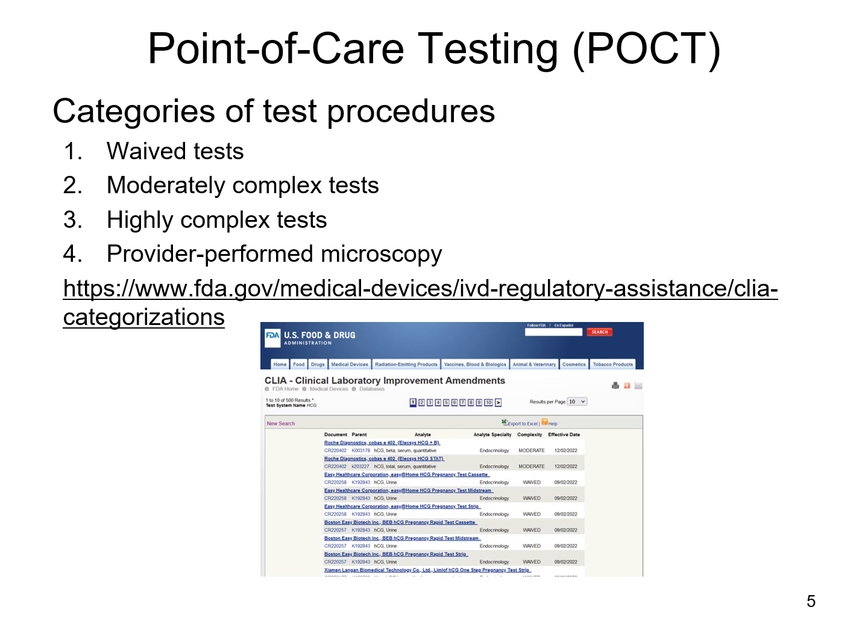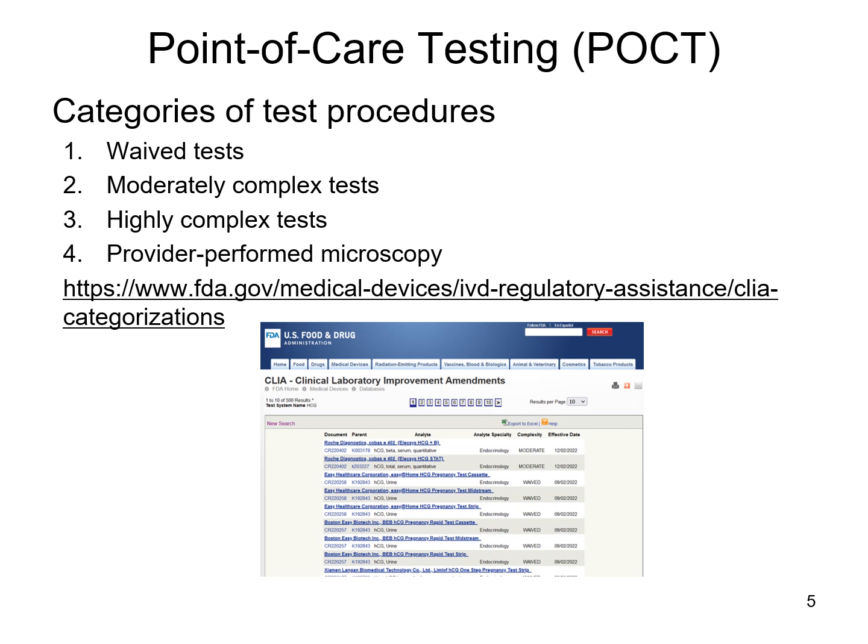Provider performed microscopy is when the provider, the physician, physician's assistant, nurse practitioner, when they actually do the microscopy to report out on that patient. So this would be something like a physician's office might do a wet mount on a female patient looking for any sort of yeast or bacteria or things like clue cells or a trichomonas, any sort of sexually transmitted issues that could be present in that sample.